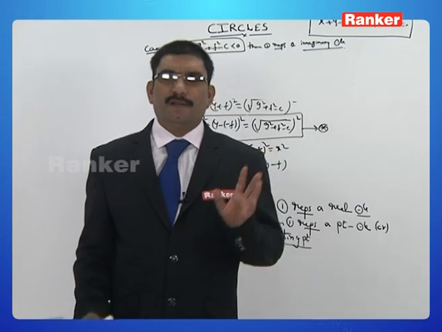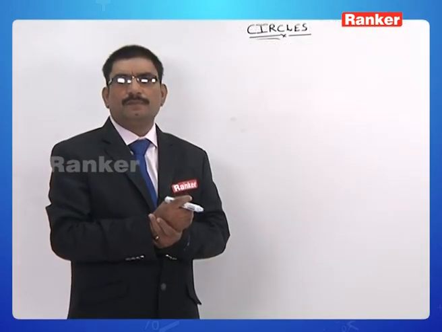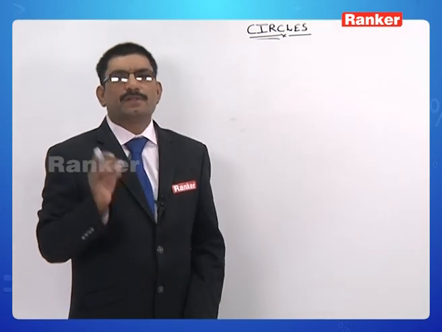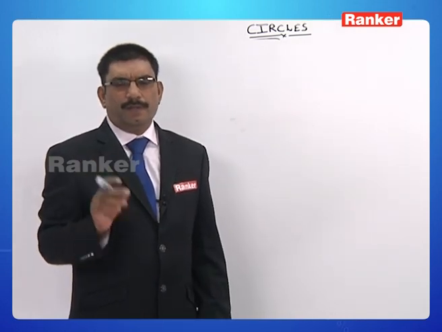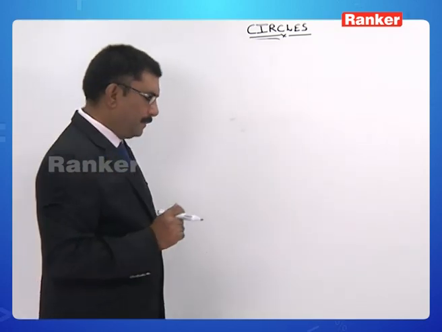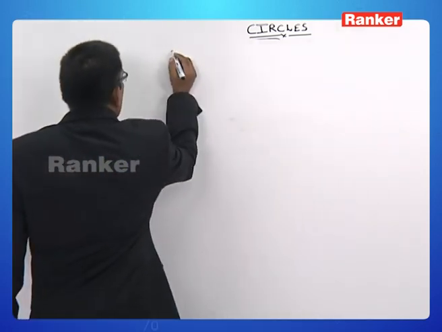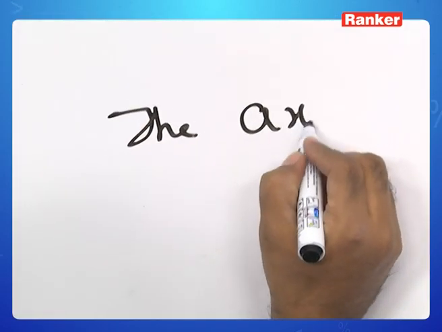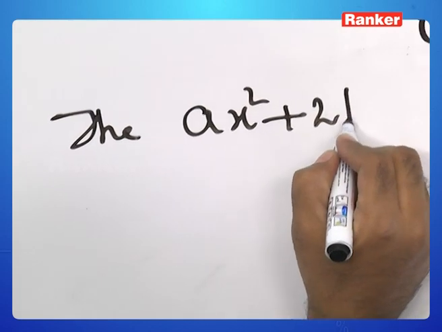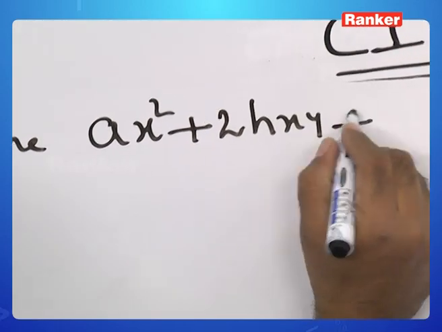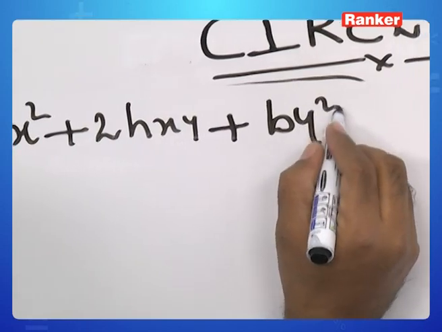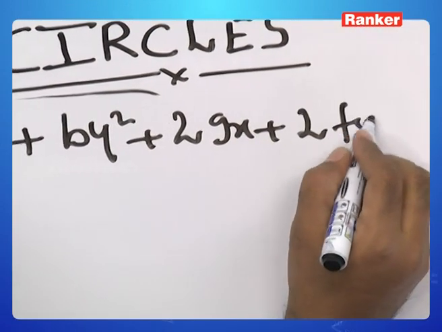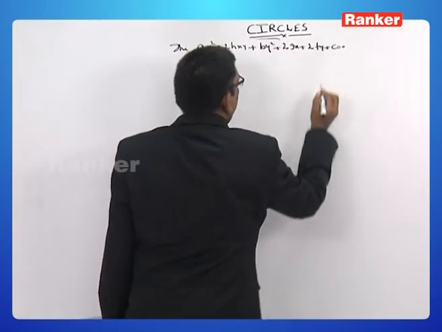Let us start to understand another equation which also represents a circle: ax square plus 2hxy plus by square plus 2gx plus 2fy plus c is equal to 0.